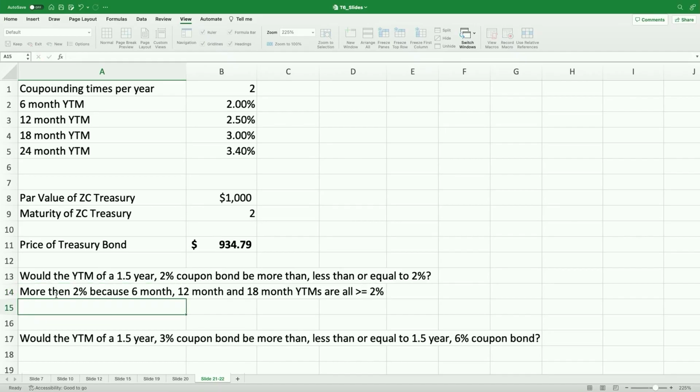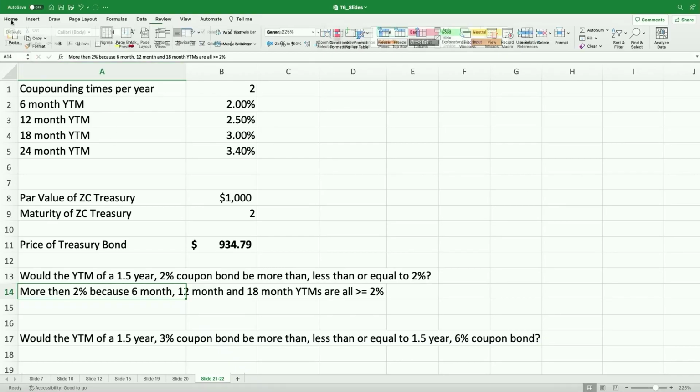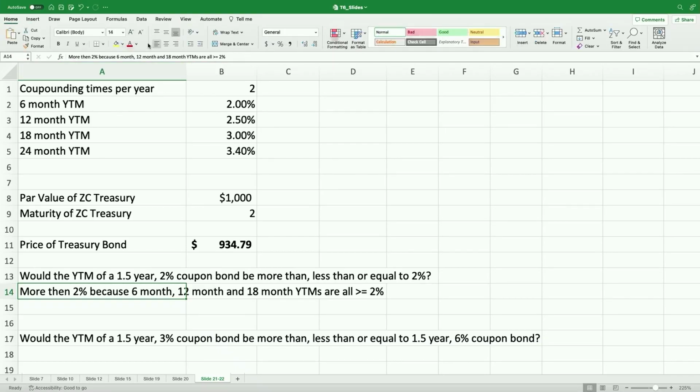So some answer like that. Make this bold. Okay, so it's going to be more than 2% because the 6-month, the 12-month, and the 18-month yield to maturities are all greater than or equal to 2%.